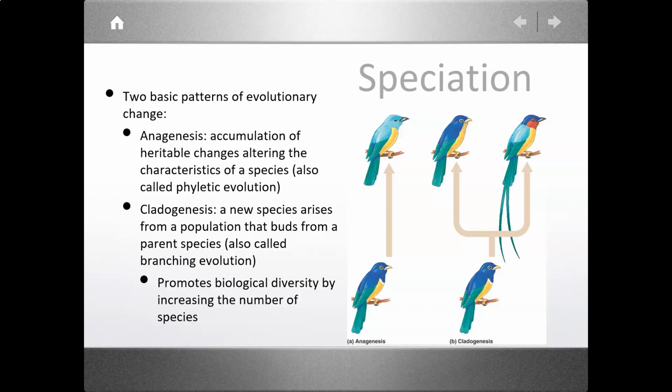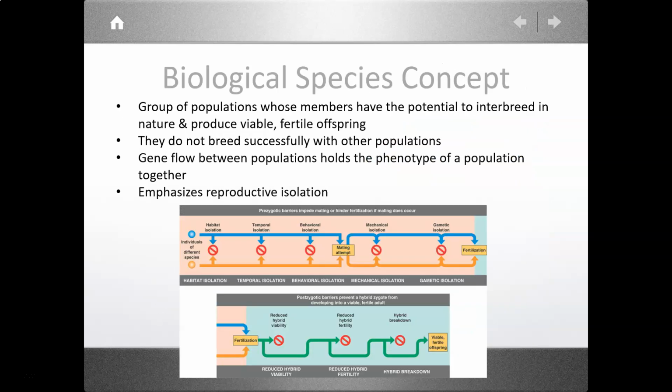You may come across anagenesis as phyletic evolution. What you're probably more familiar with is cladogenesis, or branching evolution, where we get new species that arise from a single ancestral species. So we branch out. We create more diversity as a result by increasing the number of species from those branching points.